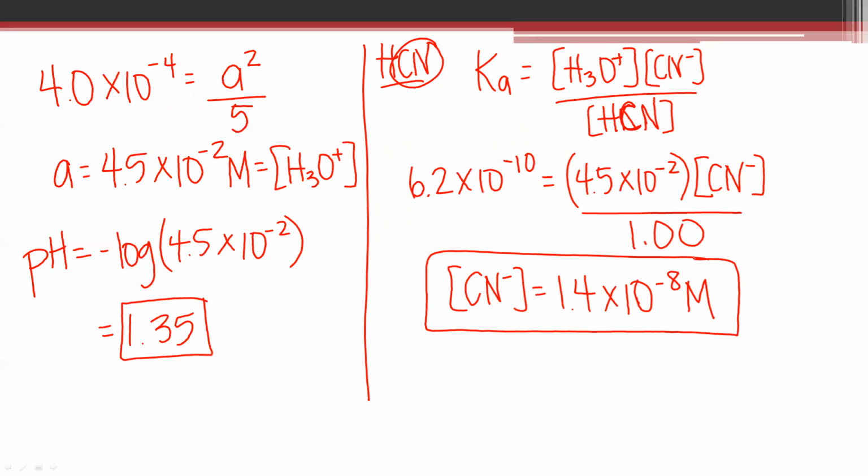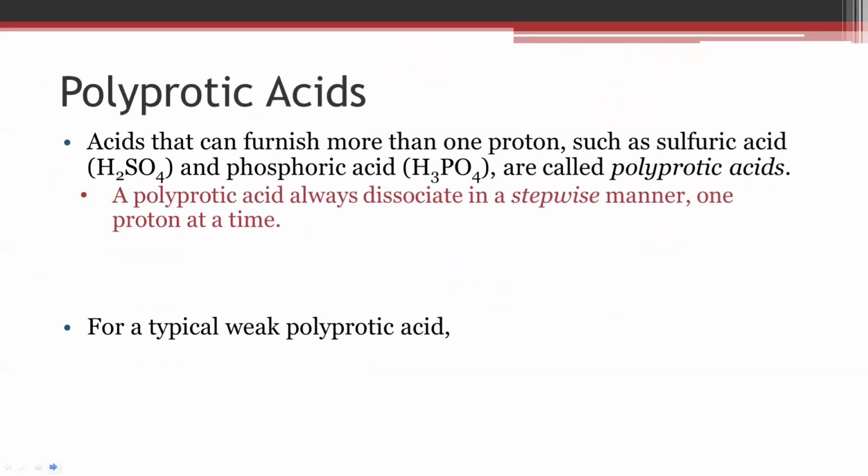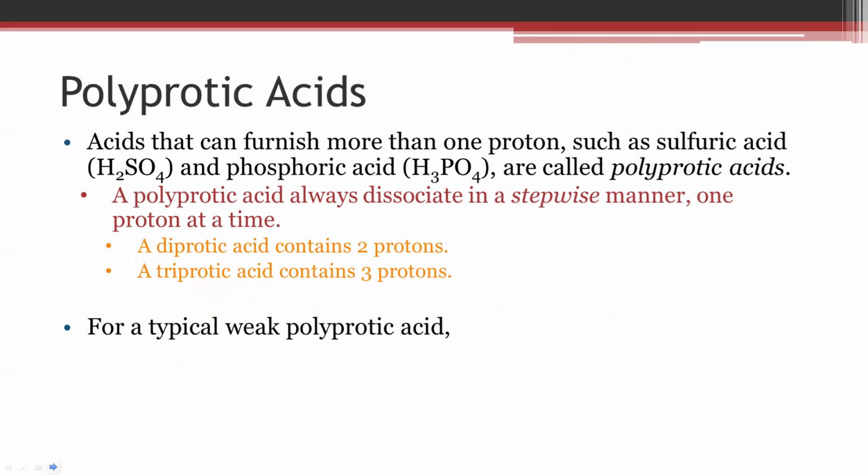Okay, so this is just taking in some of those principles of how we compare Ka values and look at all that stuff. So we mentioned this before, but our sulfuric acid, one of our strong acids, we called it diprotic. It's polyprotic, meaning that it can dissociate and have multiple protons. Diprotic specifically stands for 2, and triprotic stands for 3 protons.